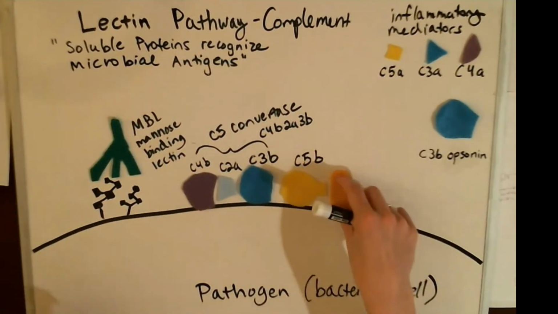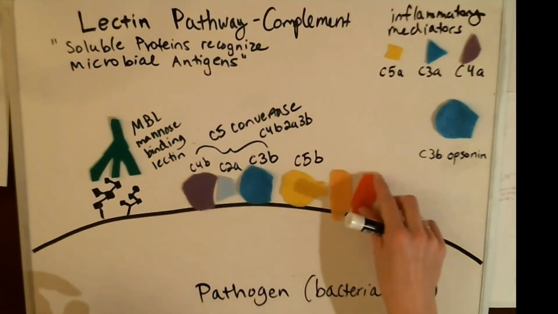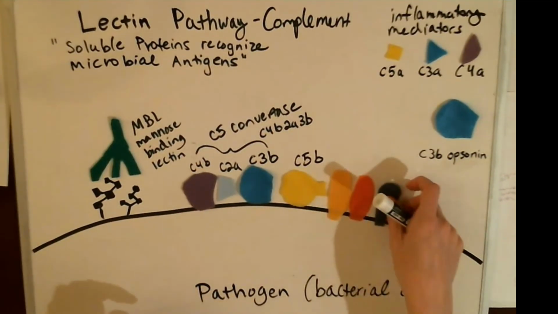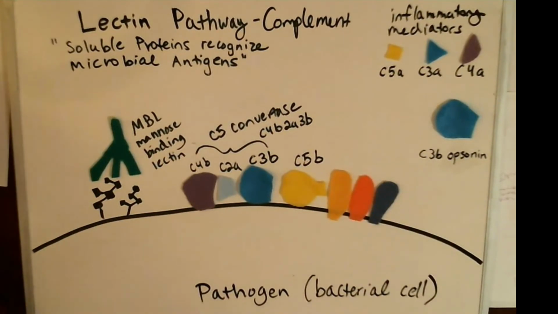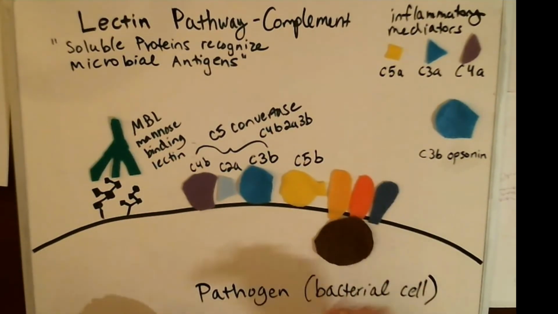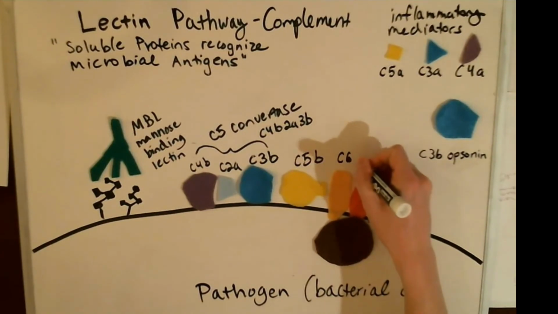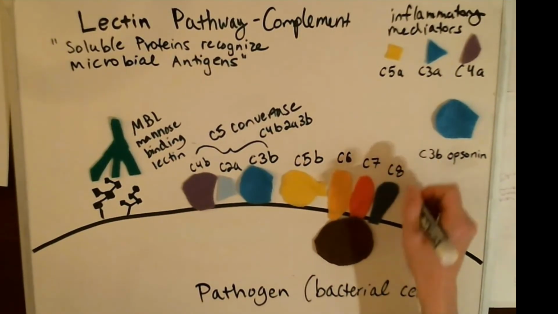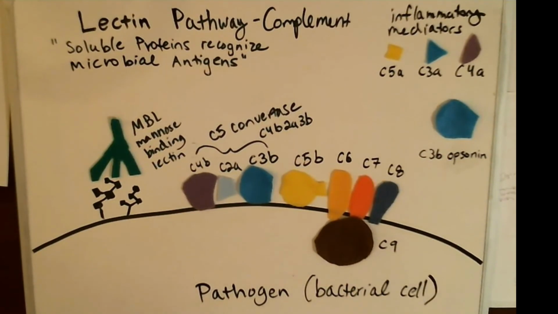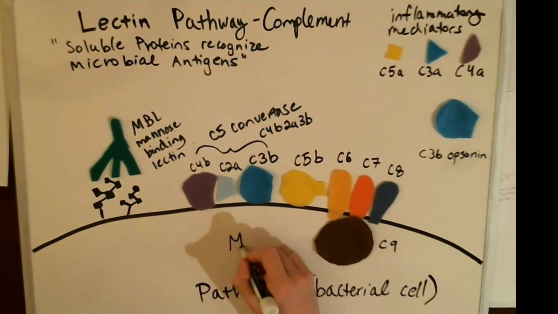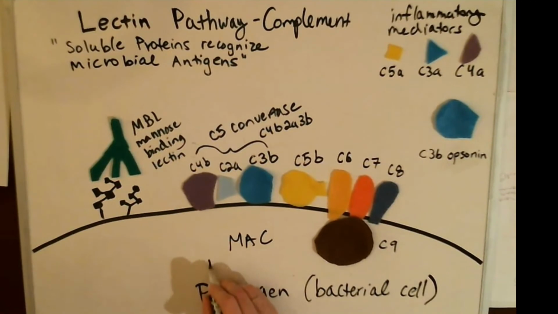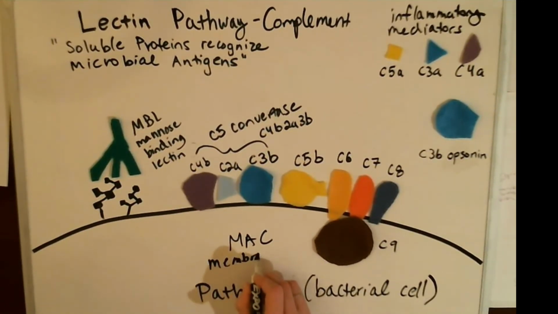So it recruits C6, C7, and C8, and then finally 10 to 19 subunits of C9. And that all forms a large hole, a cylindrical hole in the membrane, making this structure called the MAC, or membrane attack complex, which results in loss of integrity of the membrane of the pathogen and cell death.